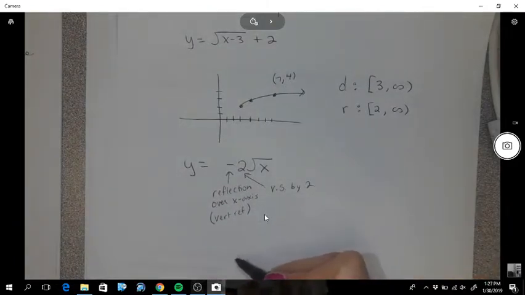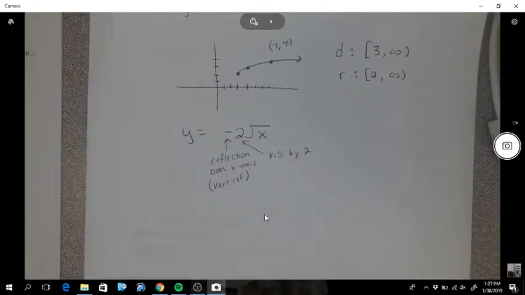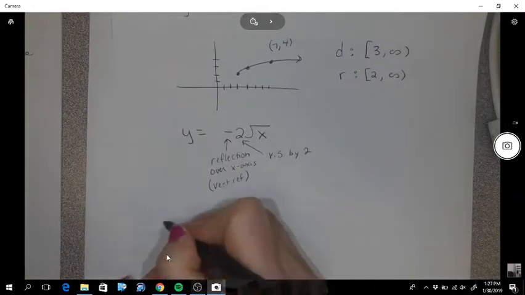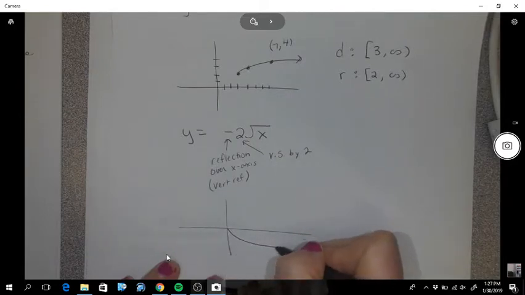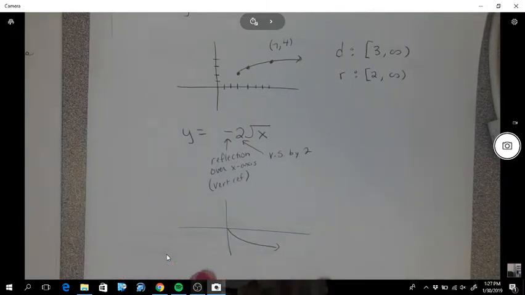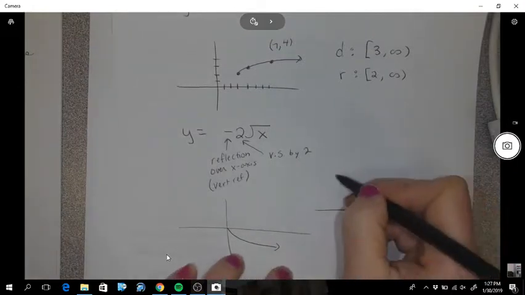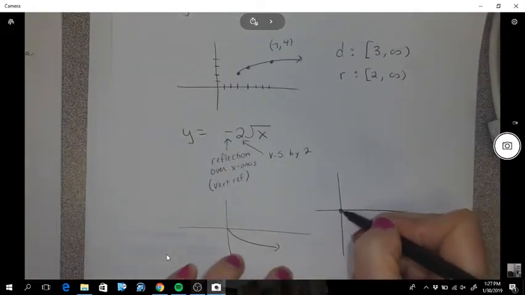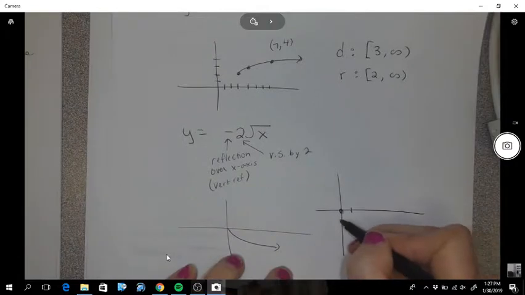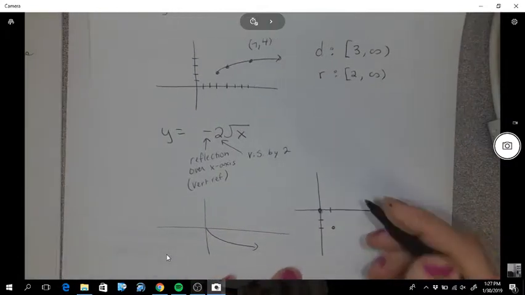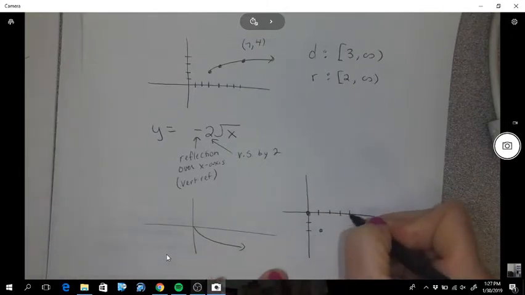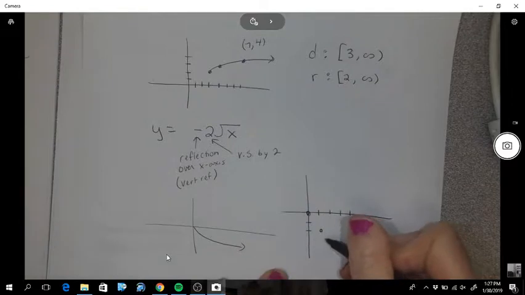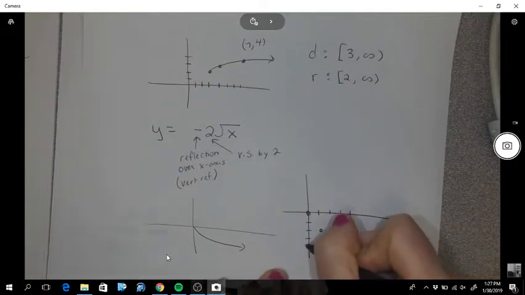Okay, so it doesn't matter the order on these ones. So when I look at my reflection, it's going to kind of do that. And then when I do my stretch, I'm now going to go 1 over 2 down. 4 over, so 1, 2, 3, 4 was normally 2, so now I'm going to go 4 down.